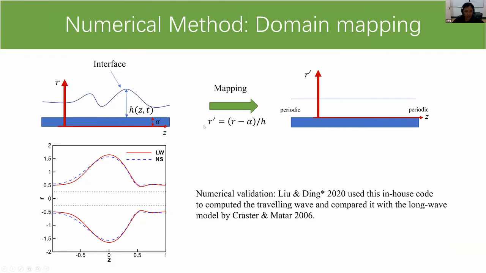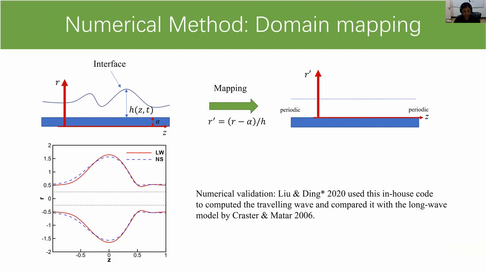Then we use a domain mapping technique to map this domain with a wave interface into a regular domain. We impose periodic boundary conditions in the flow direction, and then we use a Fourier-Chebyshev spectral method to solve the problem.